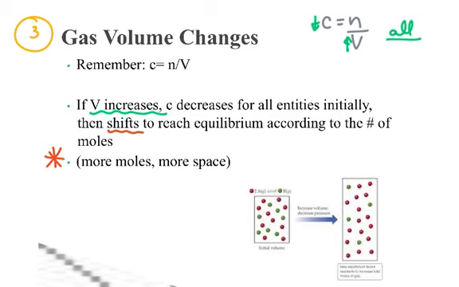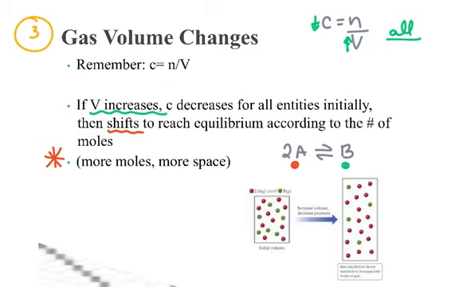If you have more space, you're going to shift to the side with more moles. The example in this picture is very hard to see because it's quite small, but let's say 2A in equilibrium with B. That's essentially what it is. And the A's are the red ones and the B's are the green ones in these pictures.